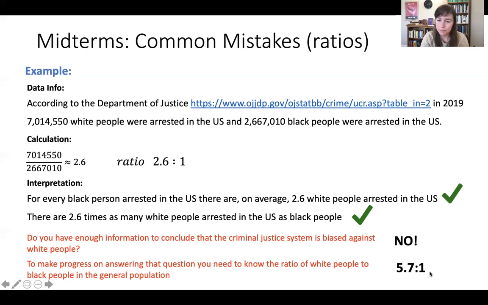In the total population, for every Black person there are almost 6 white people. But in the arrested population, for every Black person there are fewer than 3 white people. So this also indicates that the arrest rate for white people is about half the arrest rate for Black people.